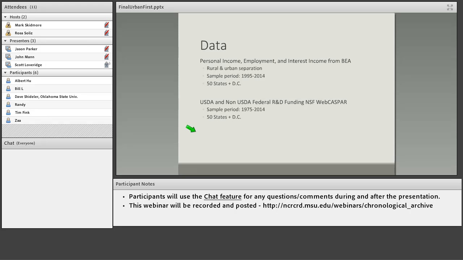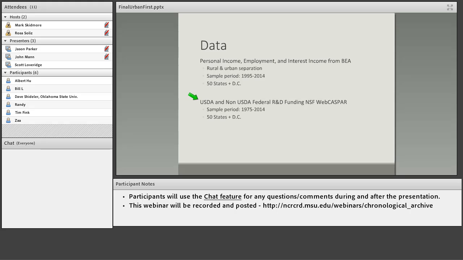So the data are fairly standard in terms of the basic control variables: personal income, employment, and interest income from the Bureau of Economic Analysis. Again, separating out urban and rural. We're doing the 50 states plus Washington, D.C. over the sample period that you see there.